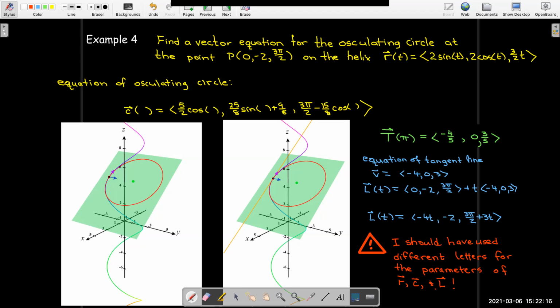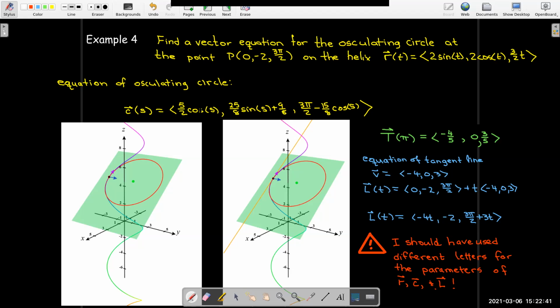So, for example, if I use s for the parameter for the osculating circle, because notice that point P corresponds to r when t equals pi, but point P is also a point on the circle.